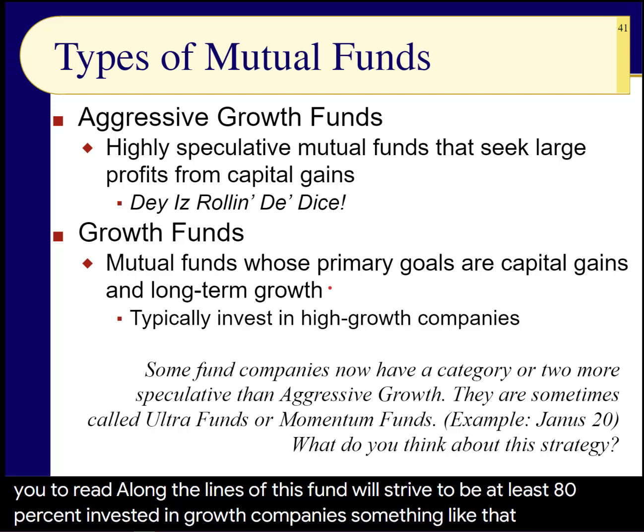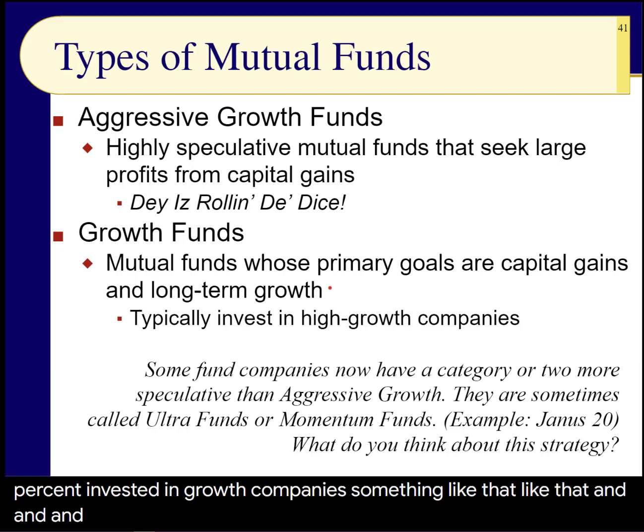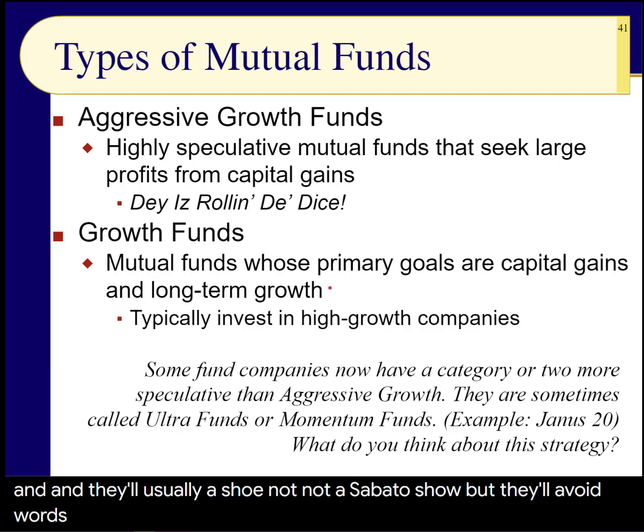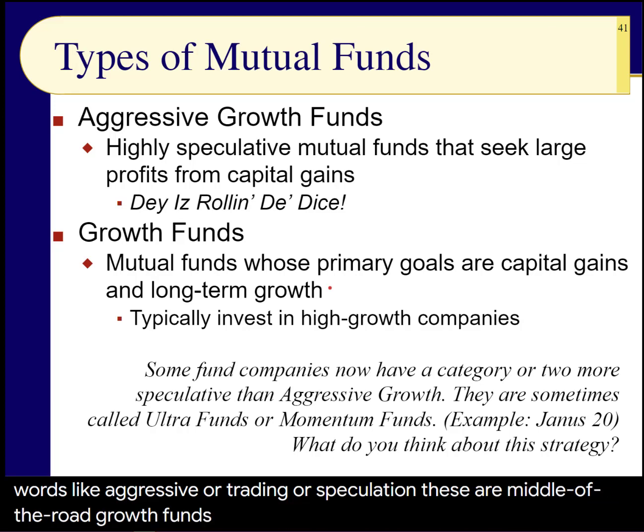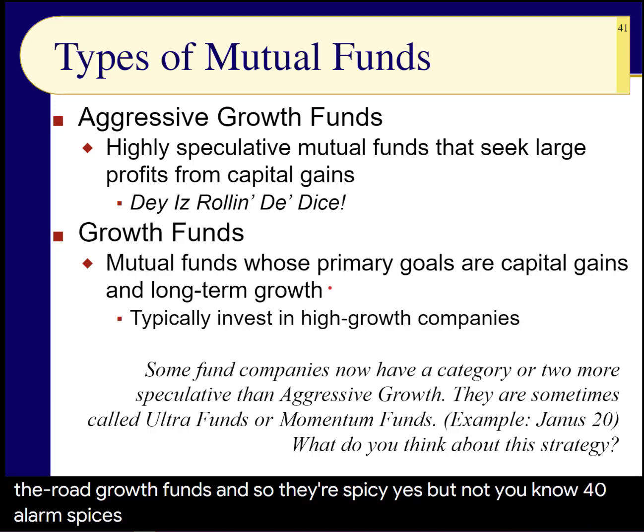And they'll usually avoid words like aggressive or trading or speculation. These are middle of the road growth funds. And so they're spicy, yes, but not 4-alarm spicy. All right, so that's the second category.